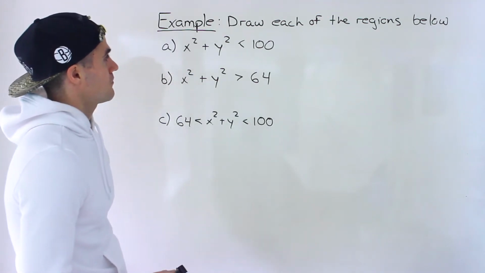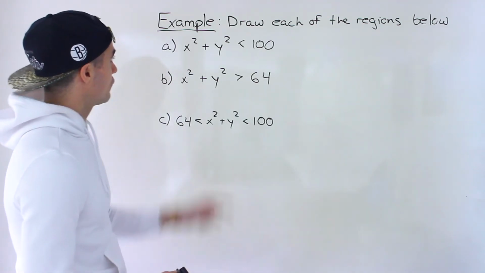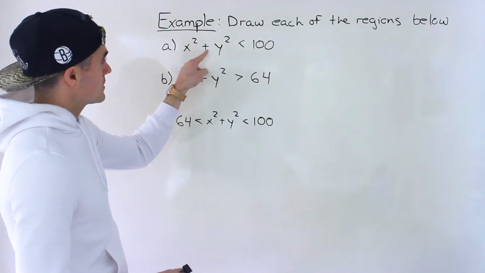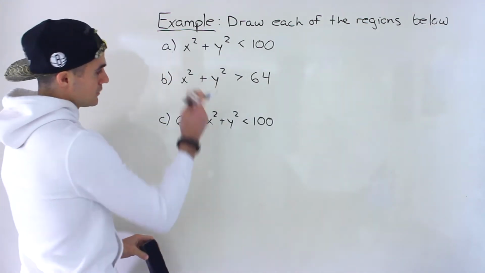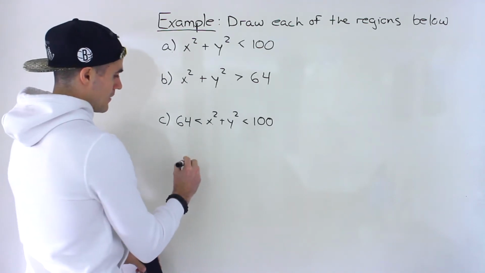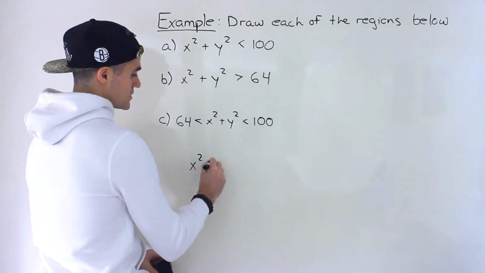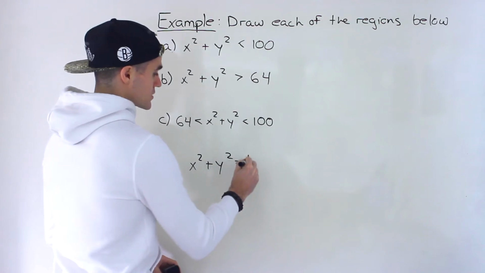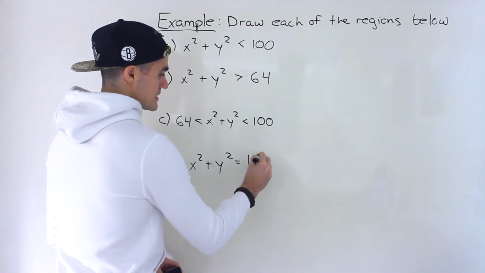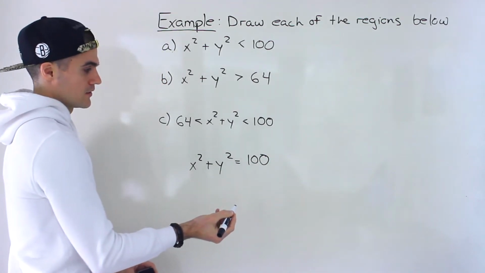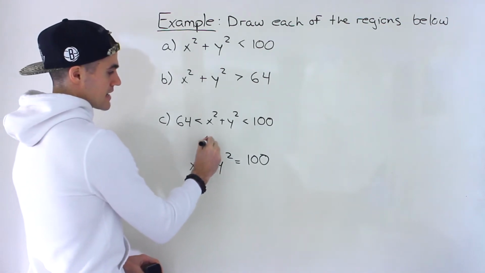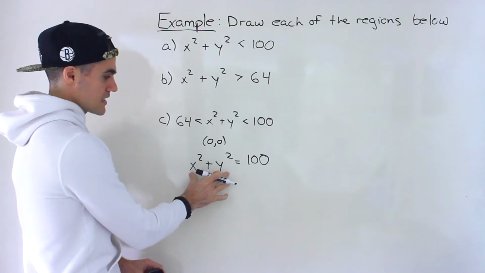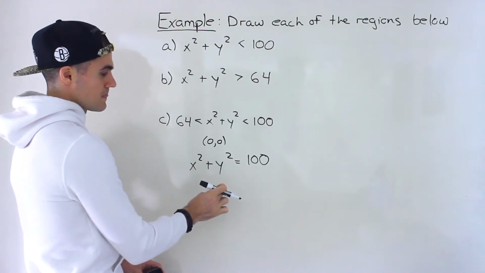What I'm first going to do for part A, x squared plus y squared is less than 100, instead of dealing with the inequality, I'm just going to pretend we're dealing with the circle x squared plus y squared is equal to 100. Notice that this circle's center is at 0 and 0 because the left side is just x squared plus y squared.